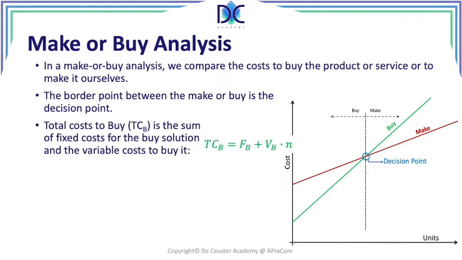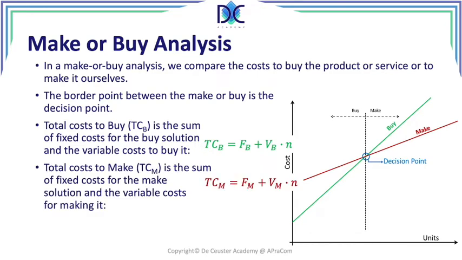Now we find the equations. The total cost to buy is the fixed cost to buy plus the variable cost to buy multiplied with the number of items. The total cost to make is the same, but now we look at the elements to make the goods. And we have a decision point, which is in fact Fm minus Fb divided by Vb minus Vm.